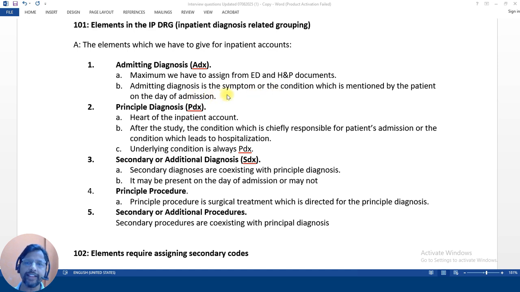As soon as the patient comes into the hospital, based on the complication he may go into ED, and after admission into inpatient he will have the HMP document. So you need to check ED and HMP documents for admitting diagnosis. This is the first or initial symptoms described by the patient on the day of admission.